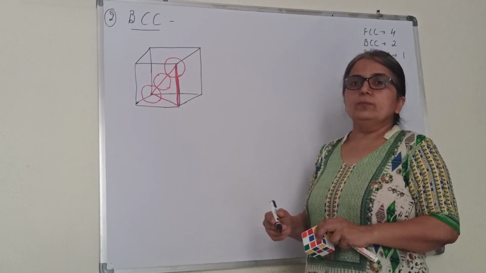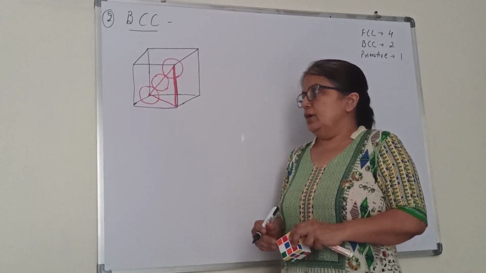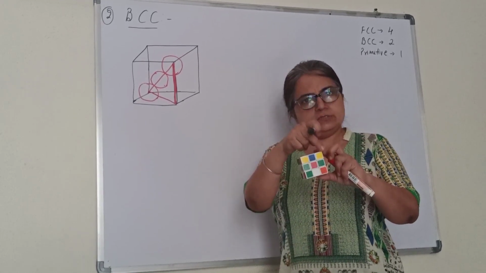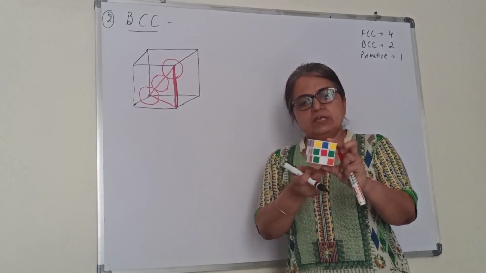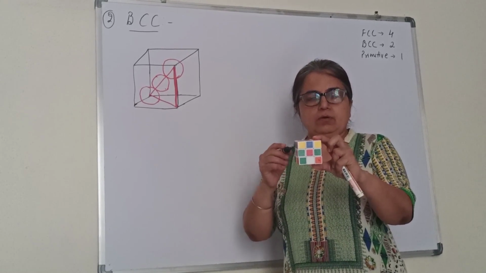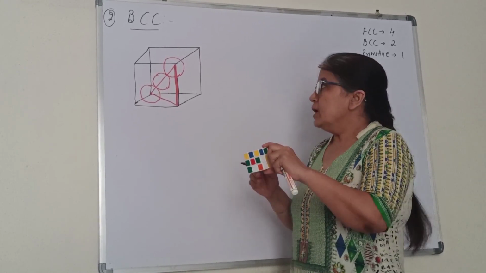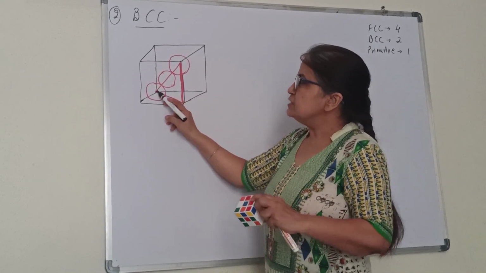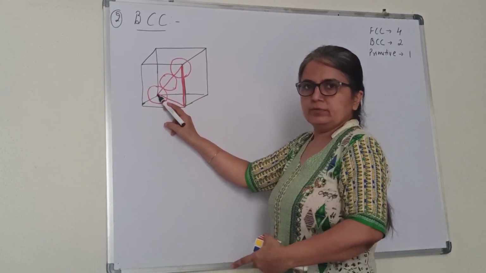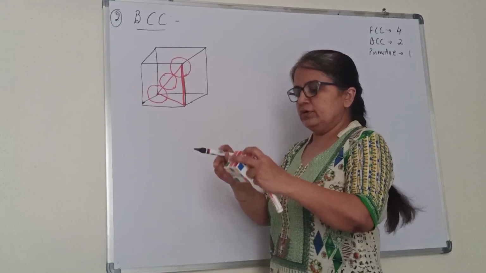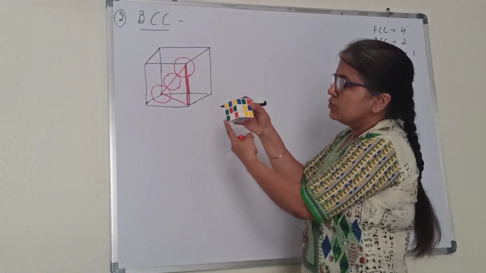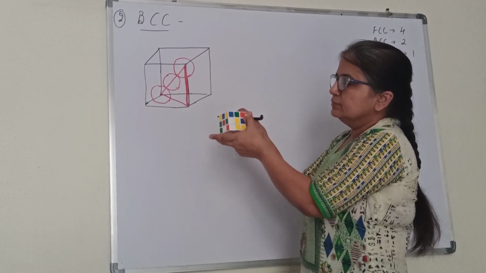Okay, please note down this. Now we will talk about body-centered cubic. Now what is body-centered cubic, children? All corners and center of the body. So I have drawn here, this is back side corner, children. This is front side corner, so it is shown from this corner to this corner.